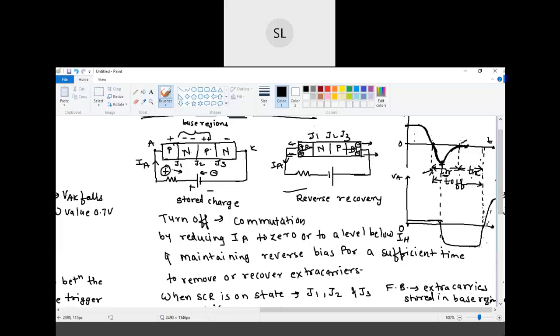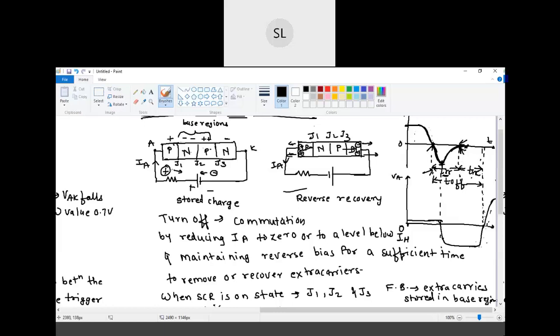So this TRR is the reverse recovery time period.